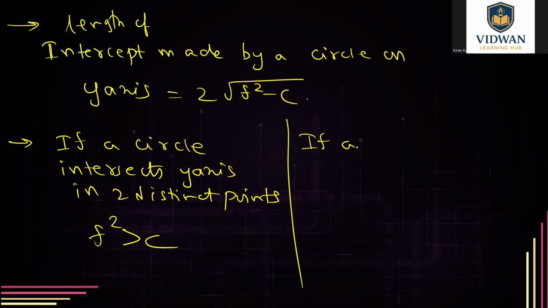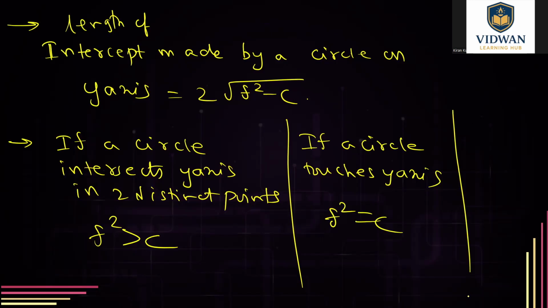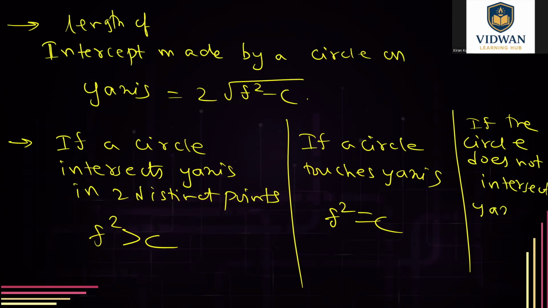And if a circle touches the y-axis, f square equals c. And the third case, if the circle does not intersect the y-axis, then we have f square less than c.